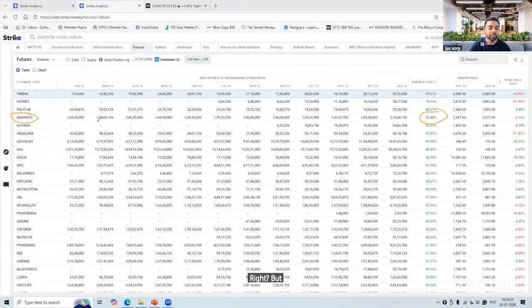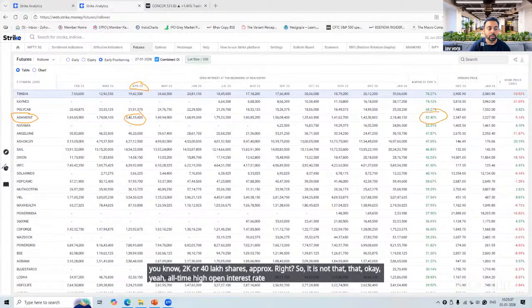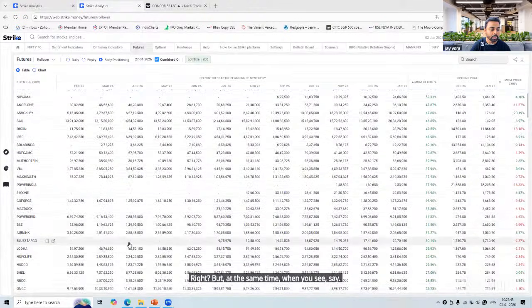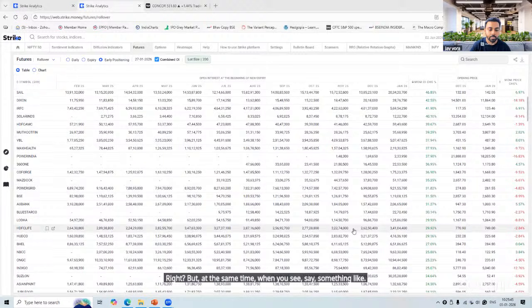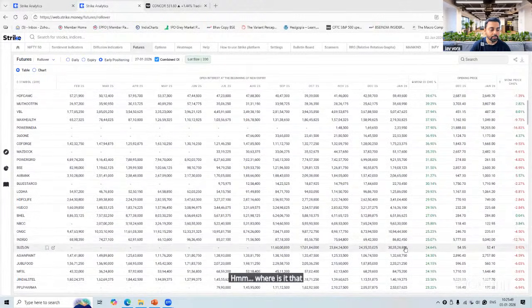But when you see in the past, somewhere around April 2025, you had approximately 2 crore 40 lakh shares. So it is not that this is an all-time high open interest or something like that. But at the same time, when you see something like this, where is it that the open interest is high?